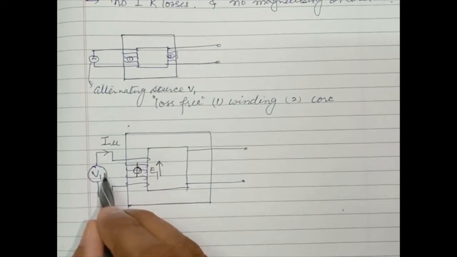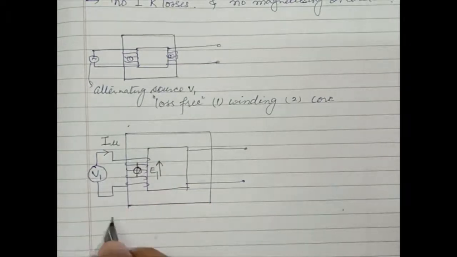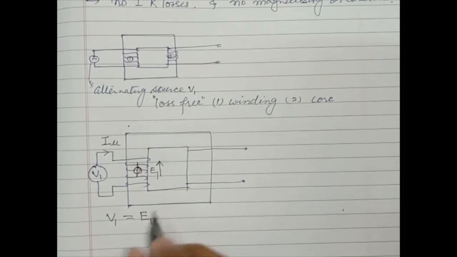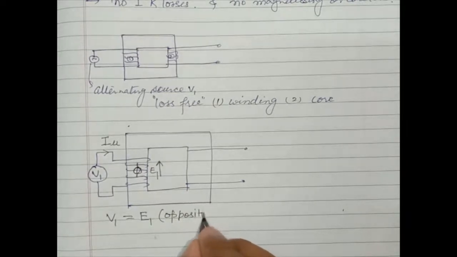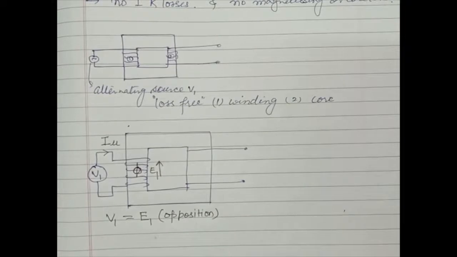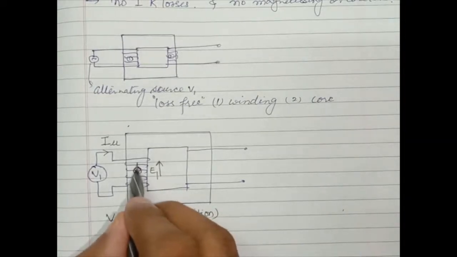This is Lenz's law. It means V1 is equal to E1, but in opposition.